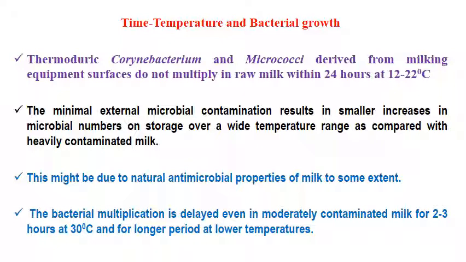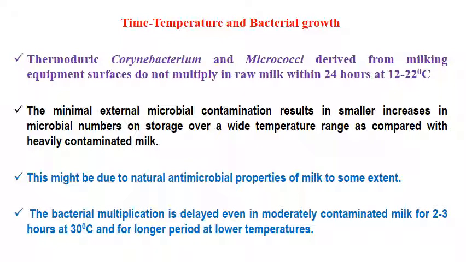Minimal external microbial contamination results in a smaller increase in microbial numbers on storage over a wide temperature range as compared with heavily contaminated milk. So if the milk has very minimum contamination, the microbial number will be very low even over a wide temperature range.